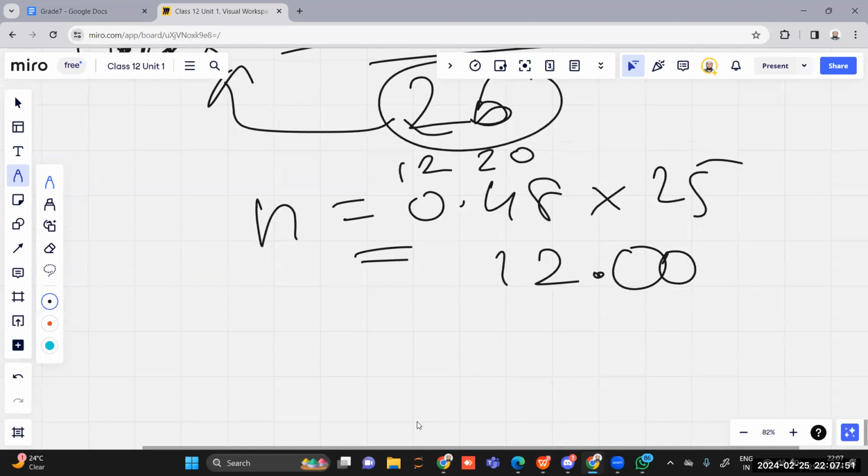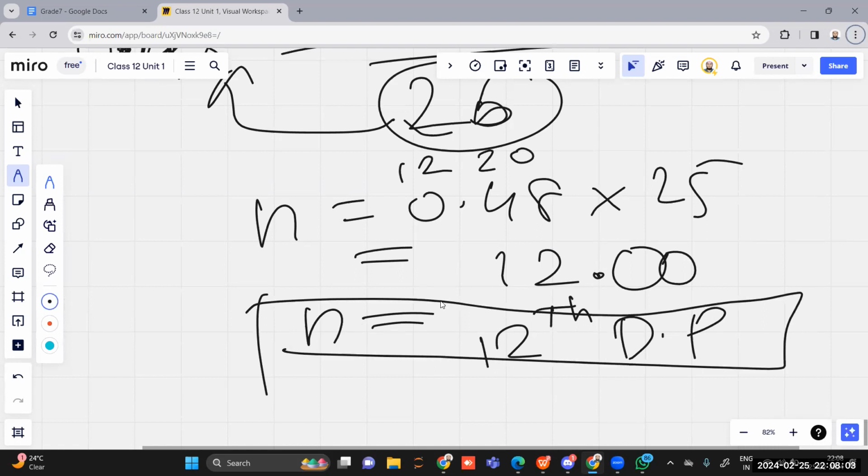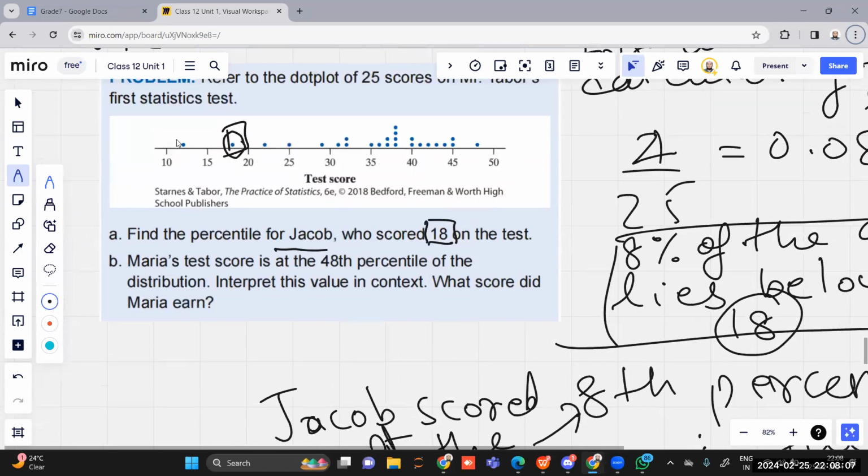So there are 12 data points below. Now we need to find which is the 12th data point. So coming here onto this, count the 12th data point: 1, 2, 3, 4, 5, 6, 7, 8, 9, 10, 11, 12, 13, 14, 15.